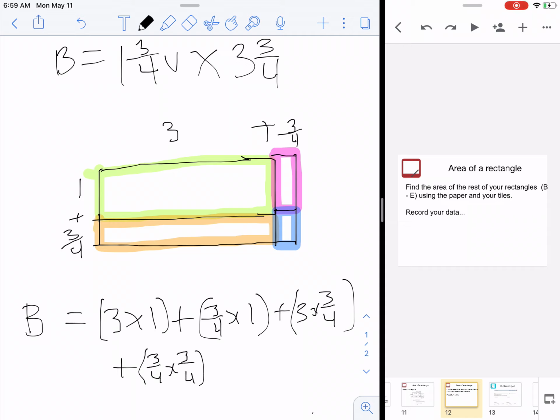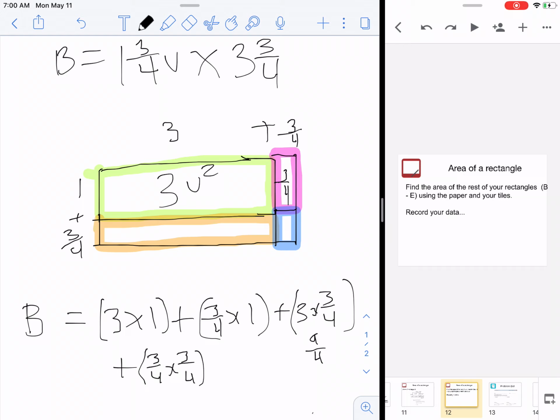Okay? And now we add them together. So 3 times 1 is 3 units squared. 1 times 3/4 is 3/4, so 3/4 units squared. And then we have 3 times 3/4, which is 9/4.